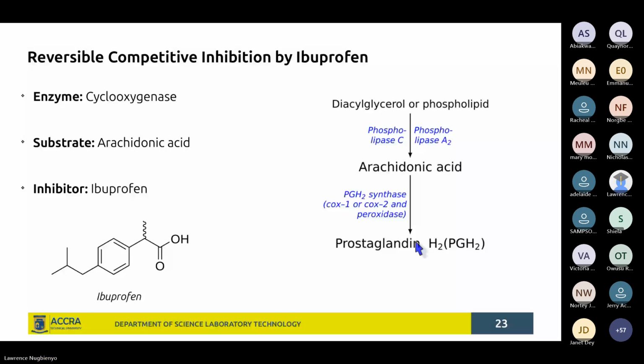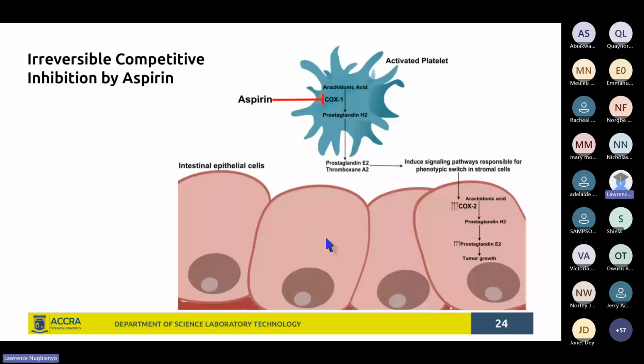All right. Similarly, you have, say, aspirin. Aspirin is also an inhibitor of cyclooxygenase 1, again, that same reaction where you have arachidonic acid being converted to prostaglandin. Aspirin comes to inhibit that. And once aspirin inhibits it, of course, there's going to be a reduction of recognition of pain in the end.